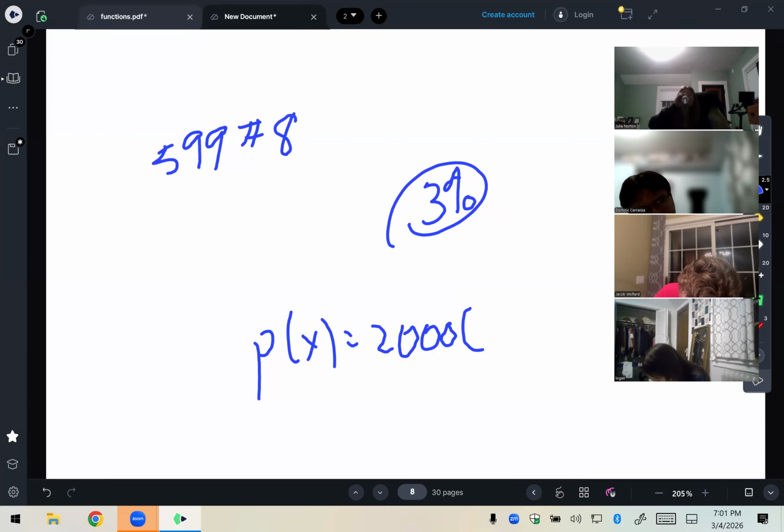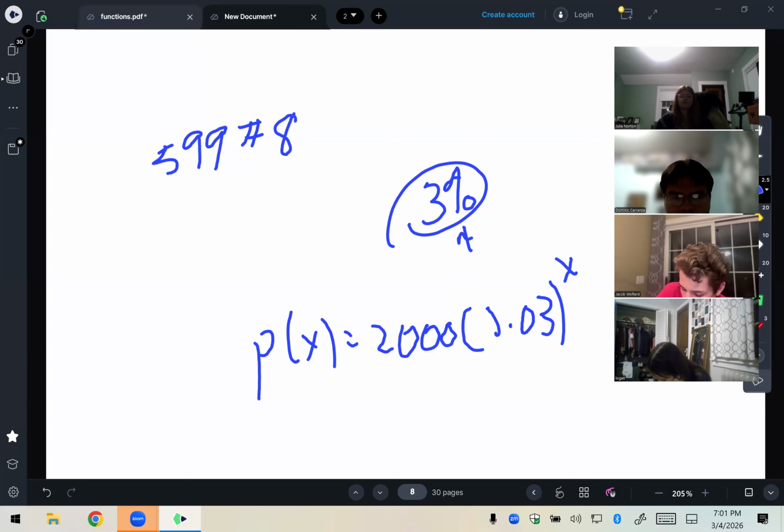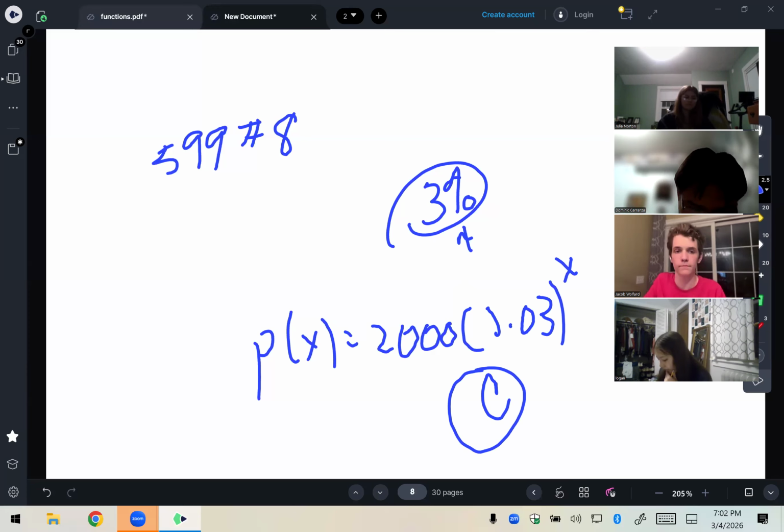We know we're going up 3%. Do we have to put the 1 there? Yes. So it's going to be 1.03 to the x. Answer choice C. So does that one make sense to everybody? Good. Okay, now we're going to try a couple more. 360, number 17.